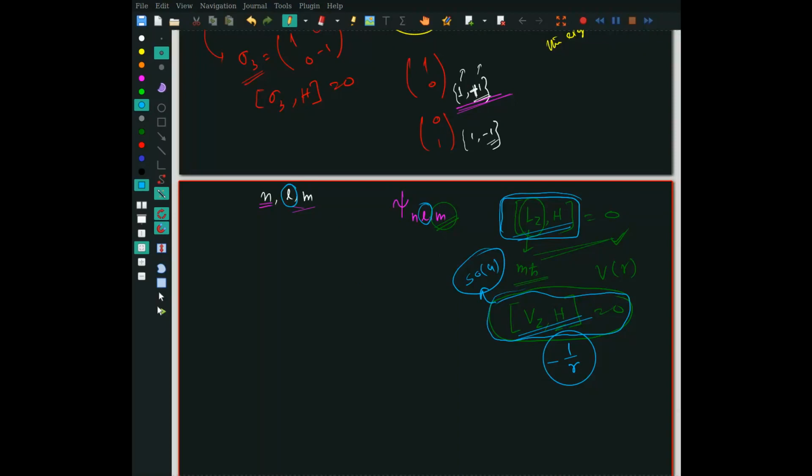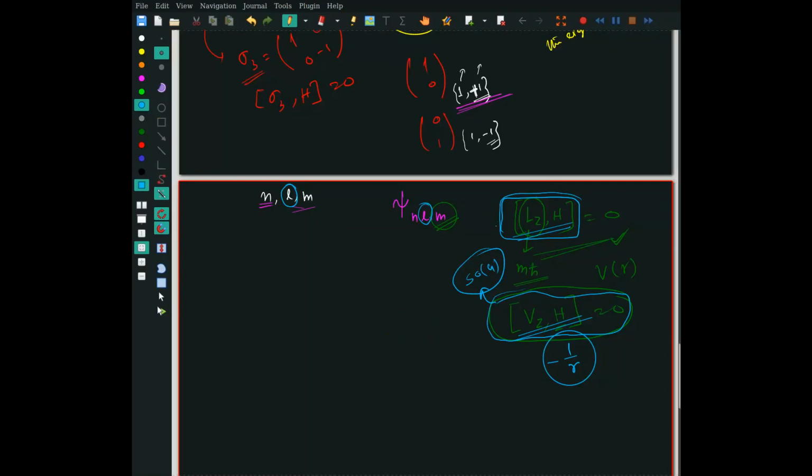Sir, apart from Lz and Vz, there is another quantity, L squared, which also commutes with H. Yes, but remember, you cannot use that, because L squared, Lz, yes, but sorry, you have already used that.